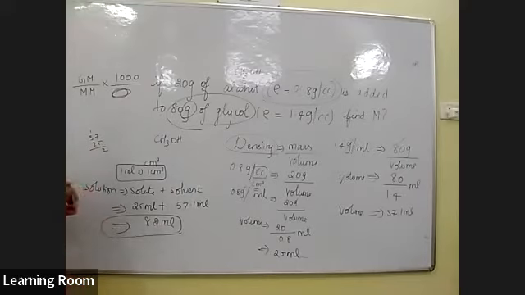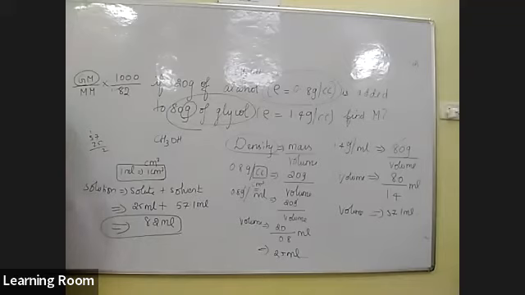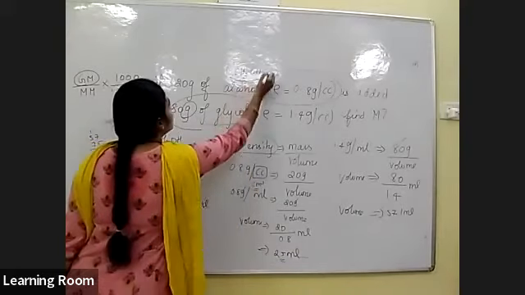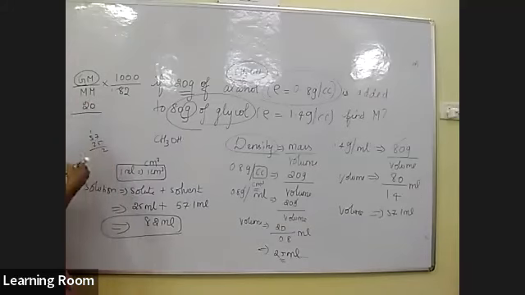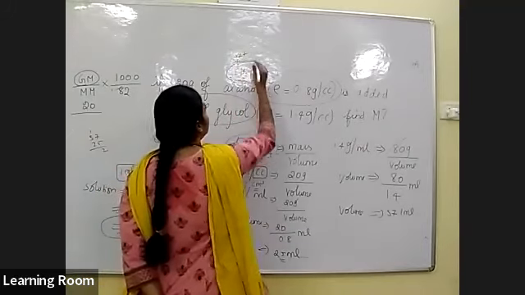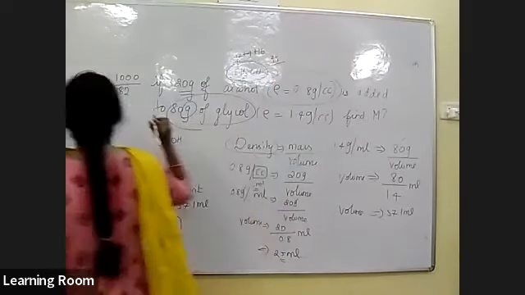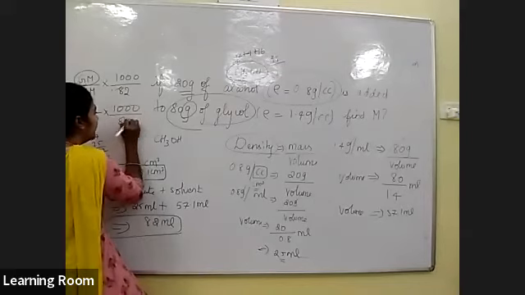Divided by 82. What is our given mass of the solute? The solute, present in less quantity, is the alcohol. The given mass is 20. 20 divided by molar mass: carbon 12, hydrogen 3 plus 1 is 4, oxygen 16, so 32. So 20 divided by 32, into 1000, divided by 82.